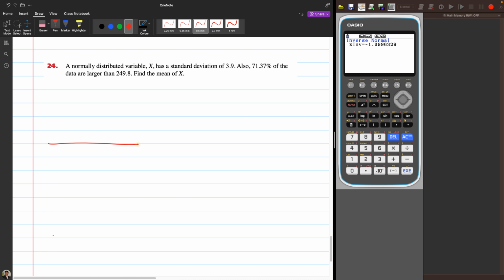So, a normally distributed variable x, the standard deviation. So x follows a normal distribution. Mean we don't know. Standard deviation is 3.9, so we always write variance.